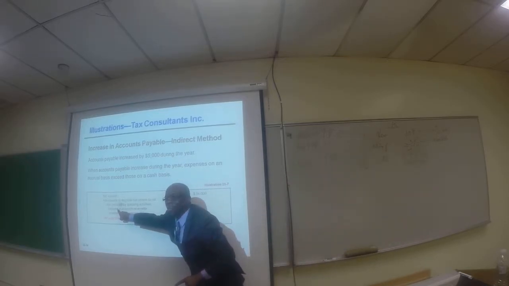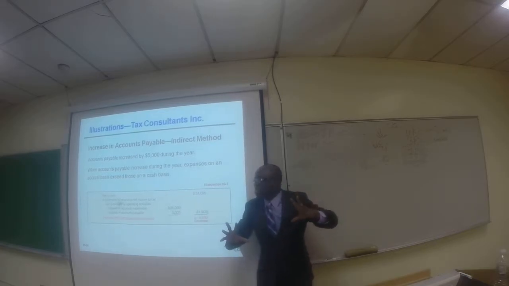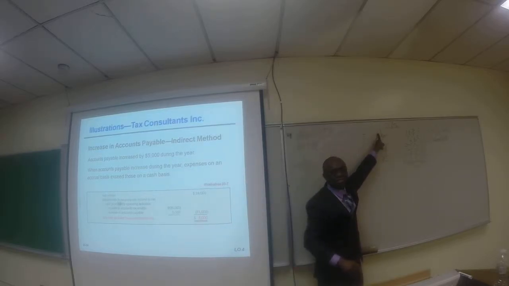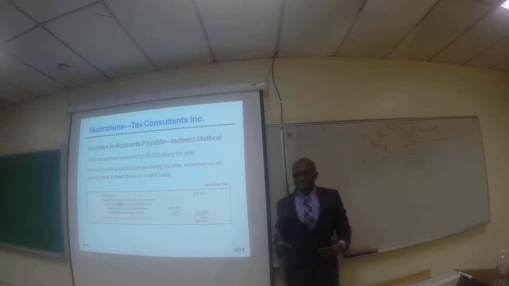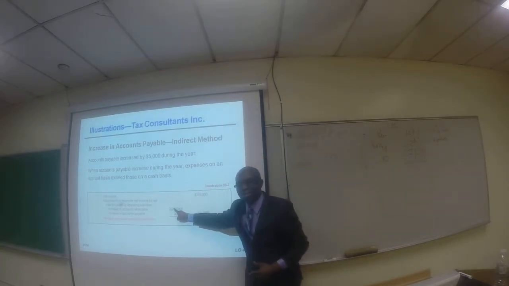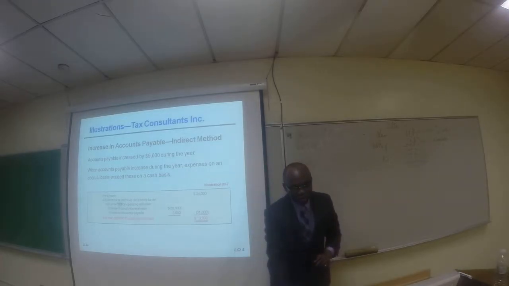Accounts receivable relates to revenue, while accounts payable relates to expense. This is minus, this is plus for income statement computation purposes. So that is why an increase in accounts receivable is a minus, while an increase in accounts payable is a plus. Interesting, isn't it? You have to think about that.